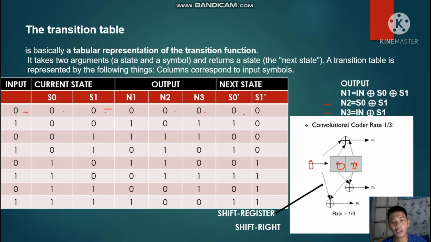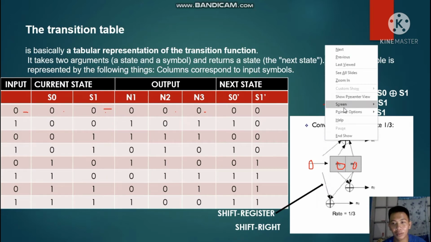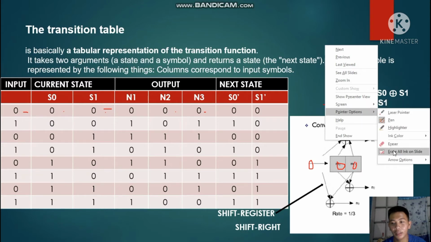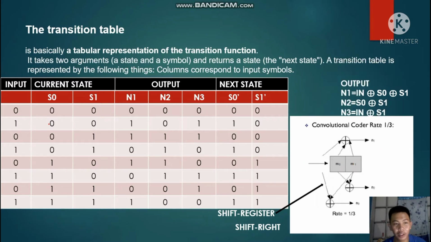So next state. To determine the next state, this is a shift register. So it is shifted to the right. It means our bit is shifted to the right by 1 bit. So we have input of 0. Let's assume S0 equals to 0, our S1 is equals to 0. So our signal will be shifted to the right.